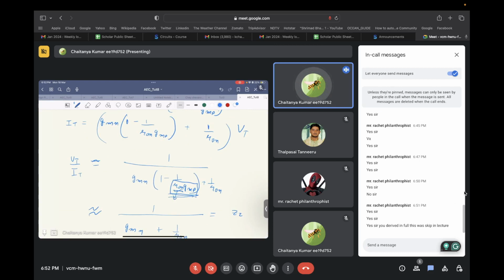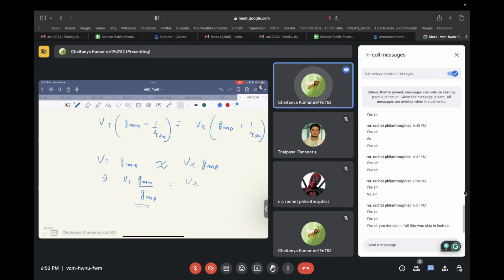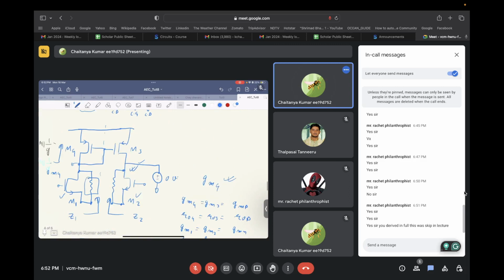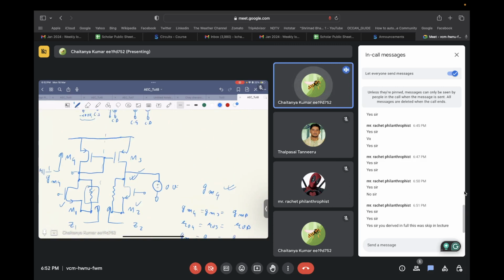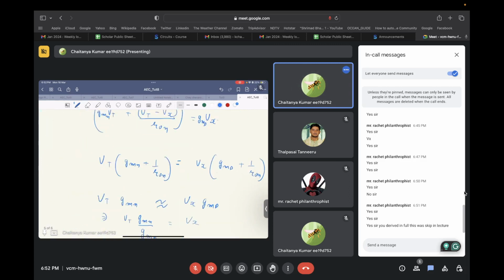You can see over here, if Ron was infinite, in that case this term would be absolute zero, which means there is no difference between the looking-in impedance in both cases.